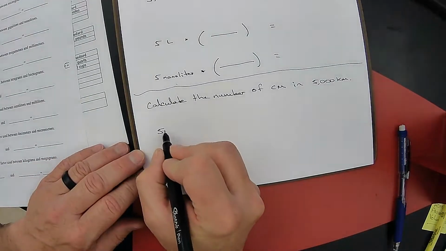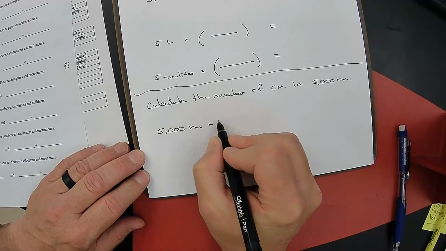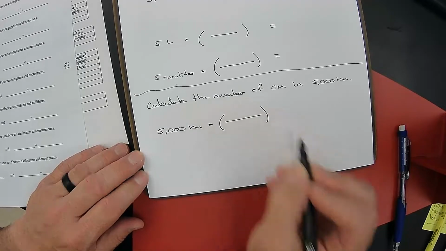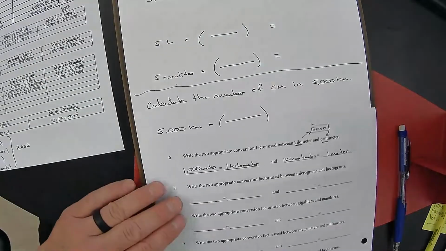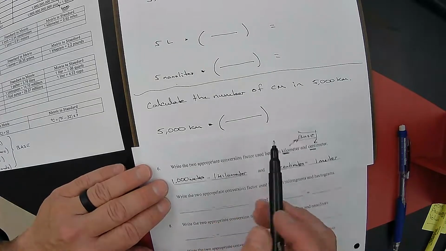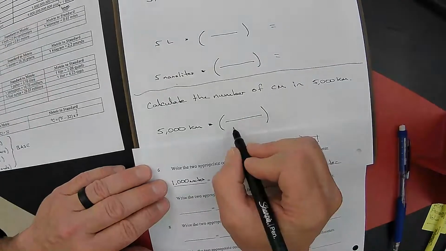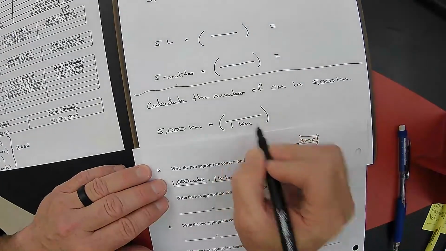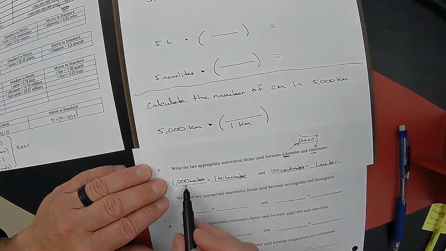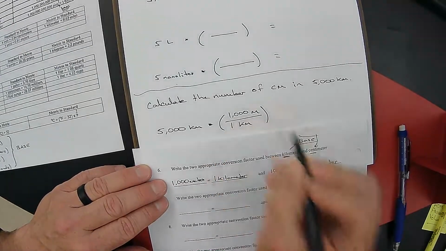This would be an example of what it would look like. I would start by writing down 5,000 kilometers. I'm going to multiply by an empty fraction. Well, let's look at the conversion factors I have. If I'm starting with kilometers here, I know I want kilometers down here. So I'd put 1 kilometer, and what goes on top? 1,000 meters.